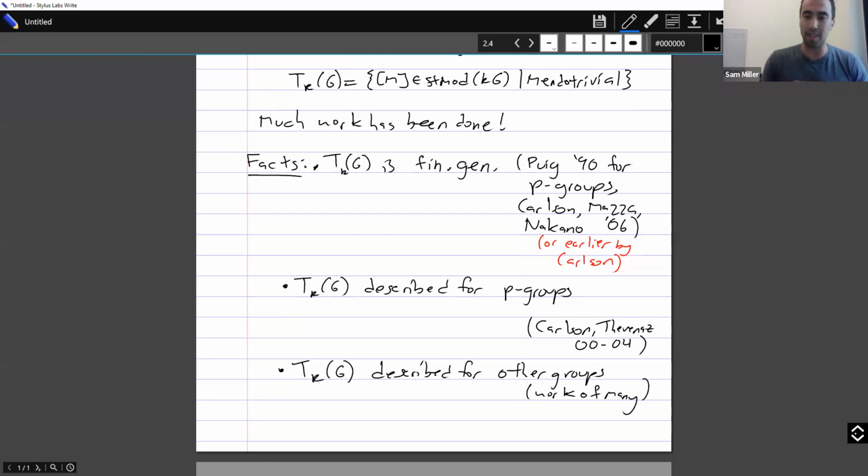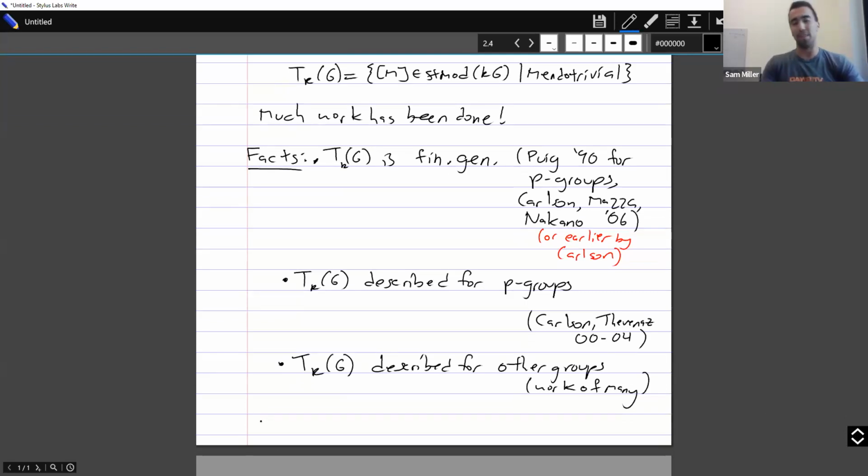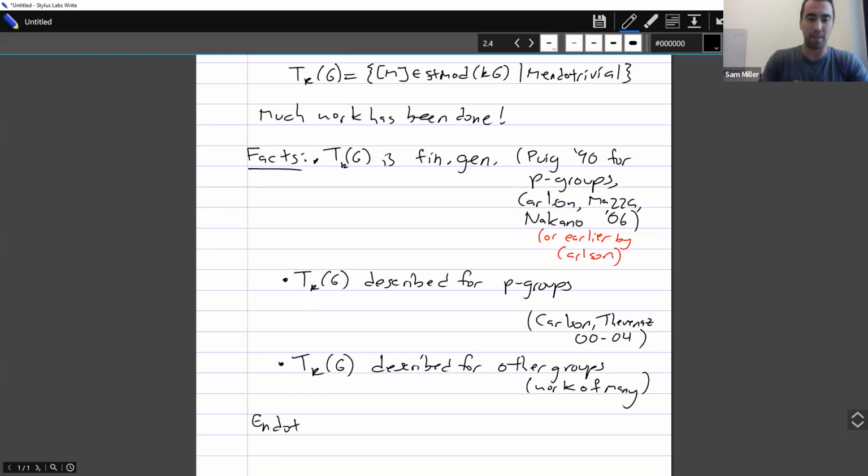And so one of the reasons we study these is that endotrivial modules are what we can say the multiplicatively invertible objects in the stable module category of kG.